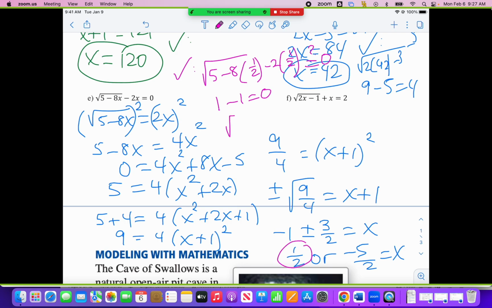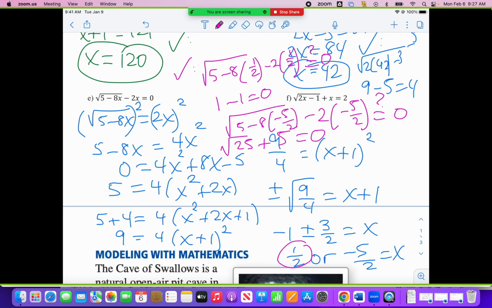Then let's go check the other one. 5 minus 8 times -5/2 minus 2 times -5/2. So that's 4. Is that square root 25 plus 5 equals 0? Does that one work?